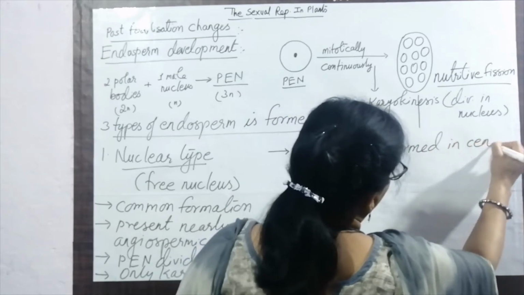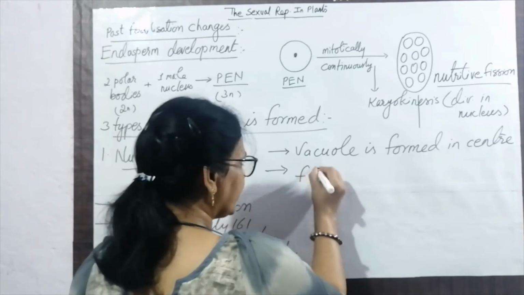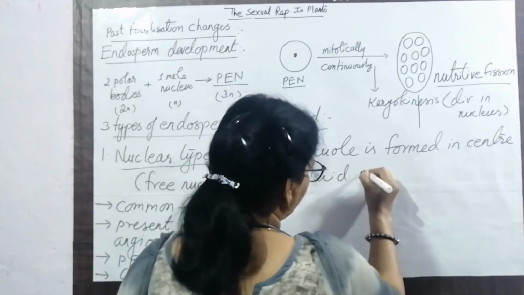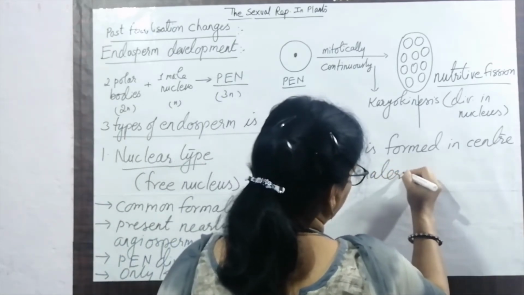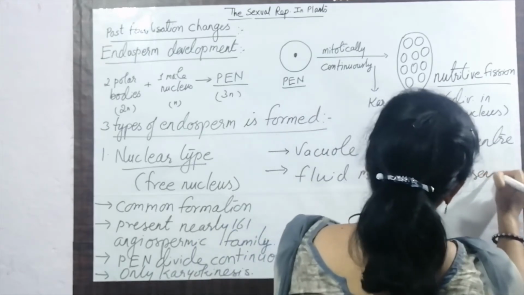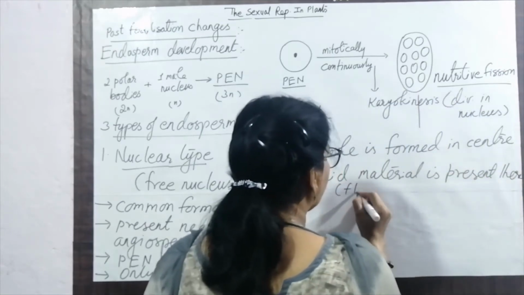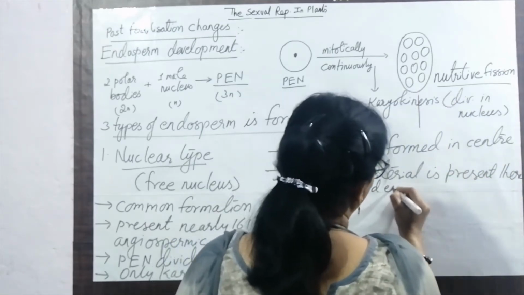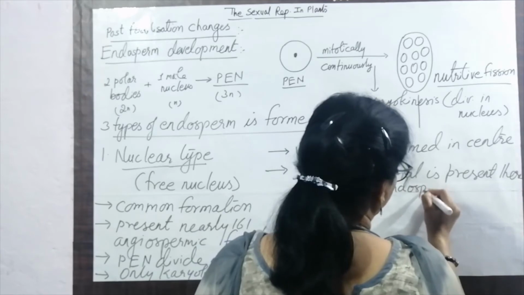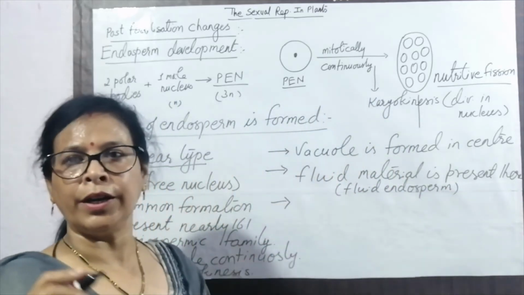As we know, a vacuole collects liquid, so fluid material is present there. This fluid material is actually the fluid endosperm. So the central vacuole is formed, containing fluid endosperm.